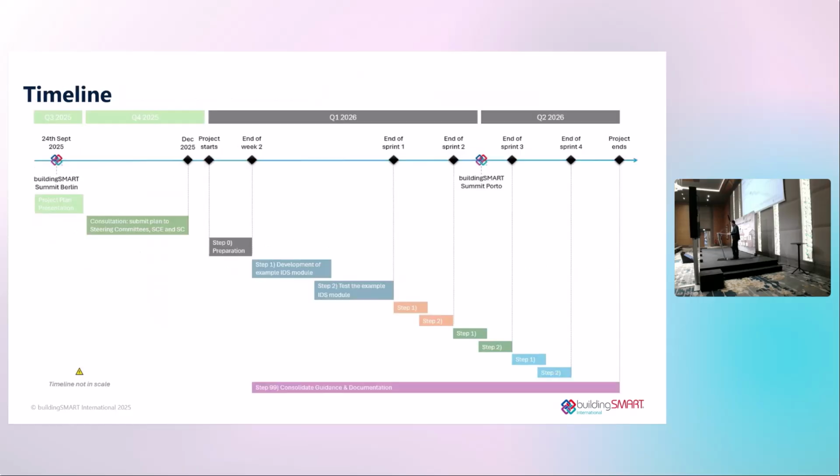And we have a brief current timeline of this project, which we are at the Berlin Summit. We present the idea, and we want to have your feedback, input. The idea is we start this project next year, and we prepare the IFC modules, IDS, starting with development of IDS modules, and test it.